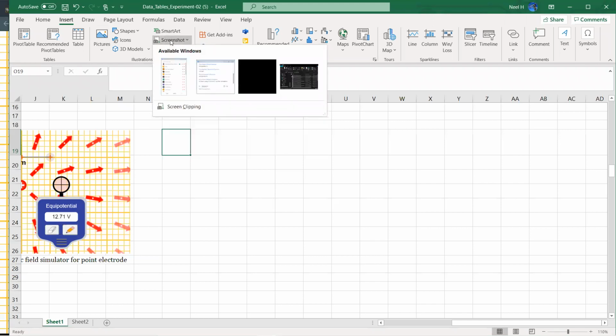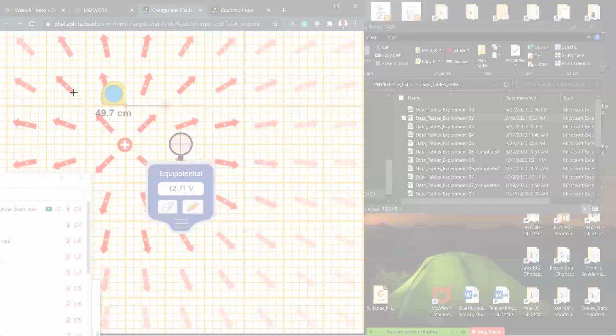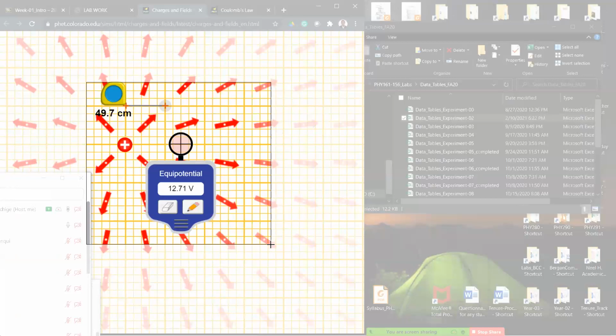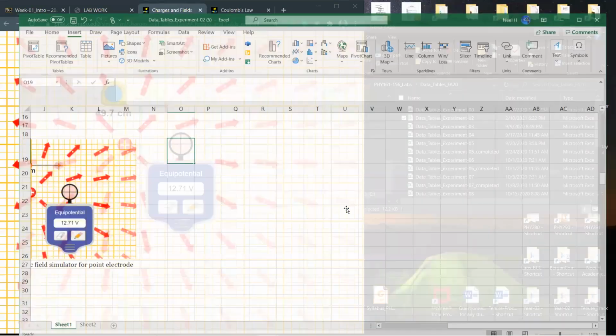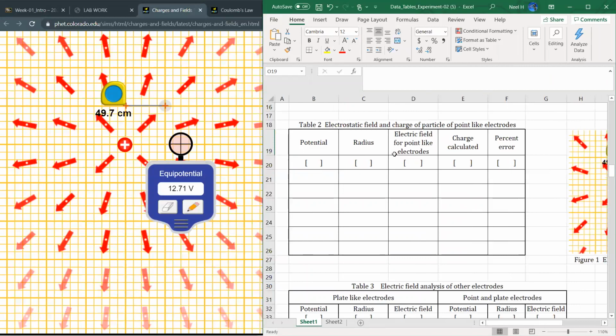Just click on that. Inside there, you should see Screen Clipping. Then click on that. Then it will allow you to highlight the area you need to get the picture. Okay. Then highlight. That should automatically come into your Excel page. Thank you. Yep.